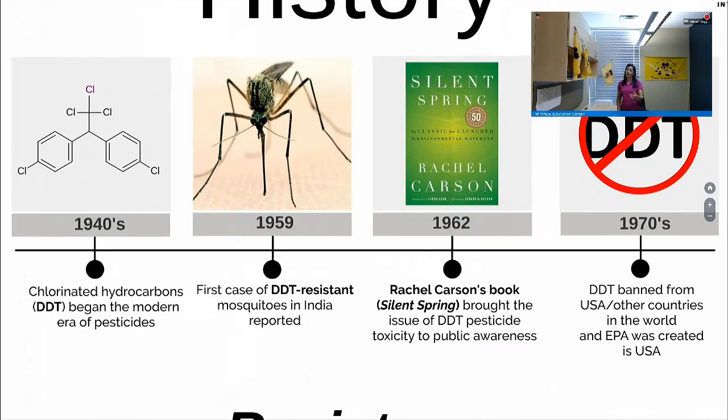Through her book, she explains how DDT had an impact on non-target organisms. For example, the bald eagle here in the United States was almost extinct because the DDT made the eggshells of this bird thinner, and then the babies would die and not hatch.